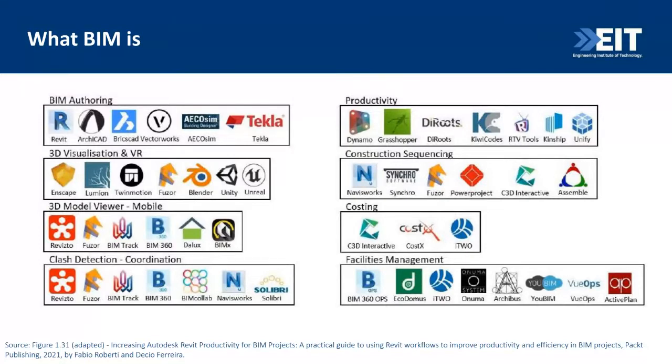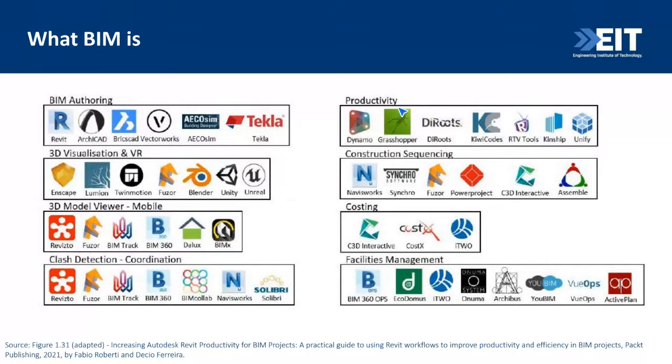But there are several other tools focused on BIM modeling, such as ArchiCAD, which is also a very robust and complete software, but there are many others. For example, I usually use Navisworks, not only for clash detection, but also for analyzing the construction sequencing.